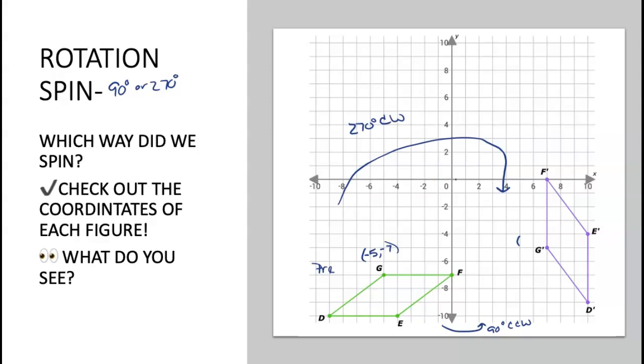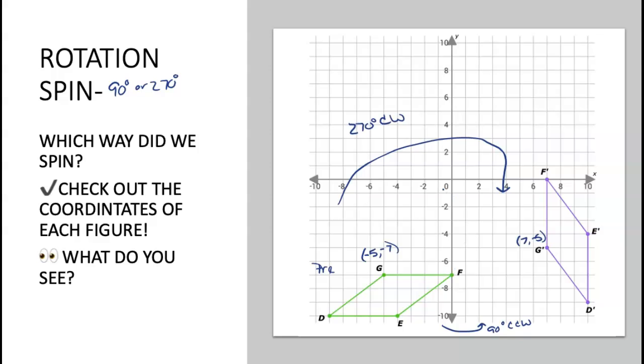My G over here is at 7, -5. Huh. Looks like my 5 and 7 flipped, right? Now, positives and negatives are going to be different depending on which quadrant you land in. But if you just look at the numbers without the positives and the negatives, the 5 and the 7 flipped over.